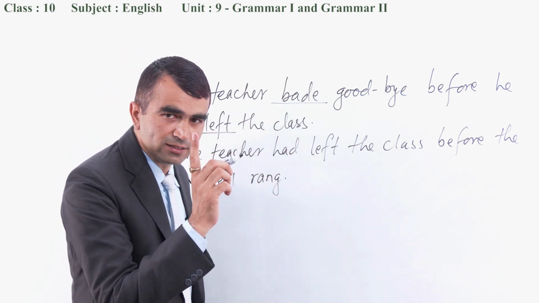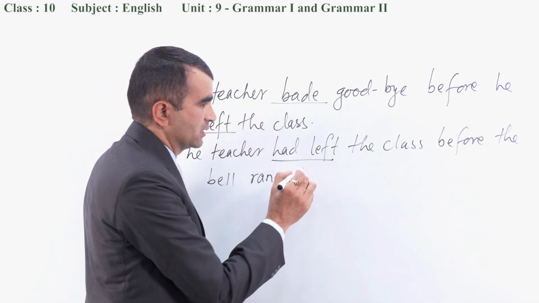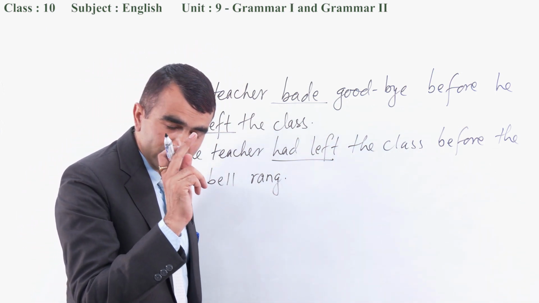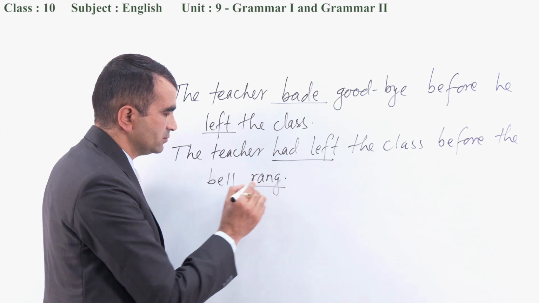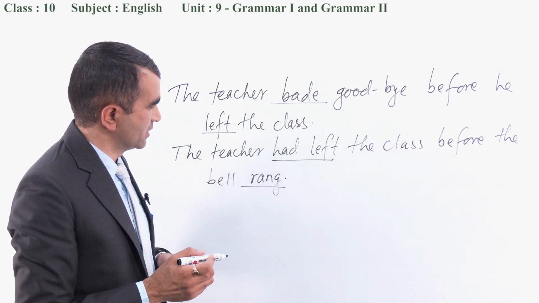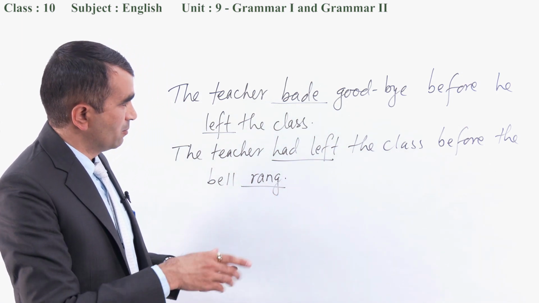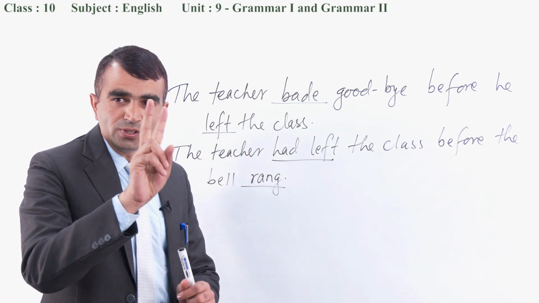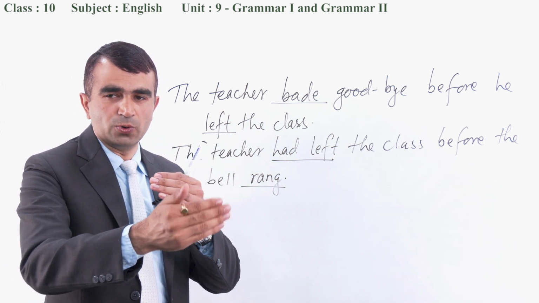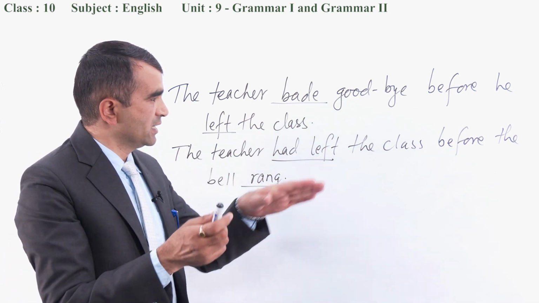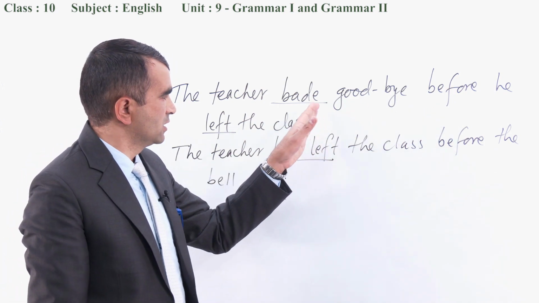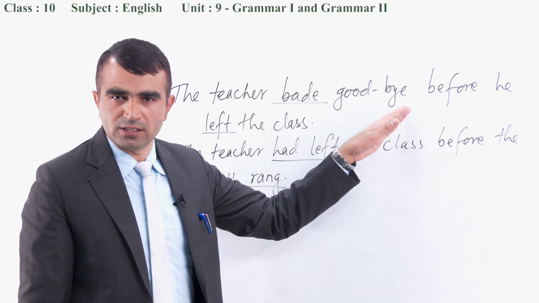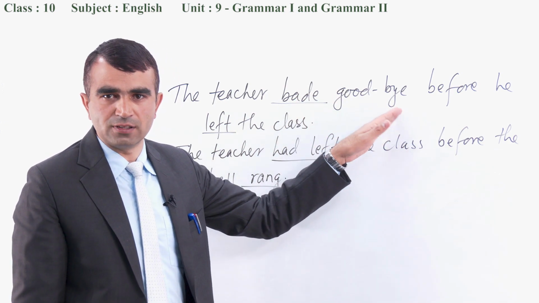What tense? Past perfect. Before the bell rang. What tense? Simple past. Good. What is the difference? Find here. Bid goodbye before he left the class. Two events are in succession, one after the other. And the second event is a continuation from the first event, a reaction or response to the first event.